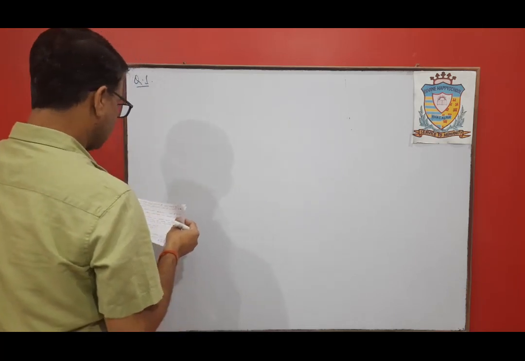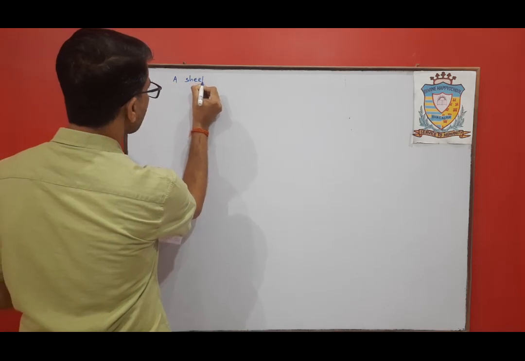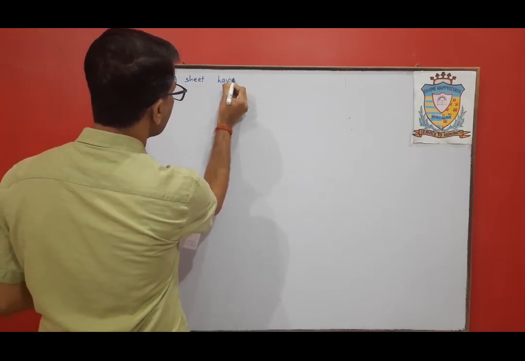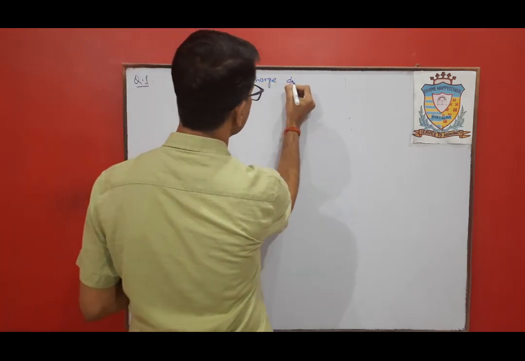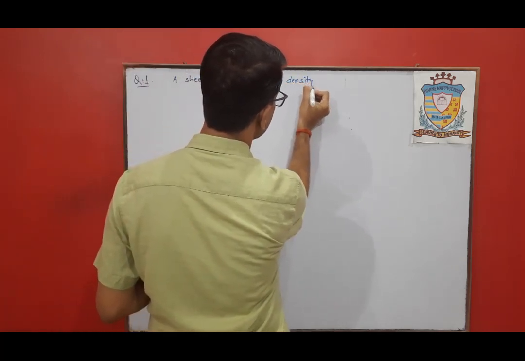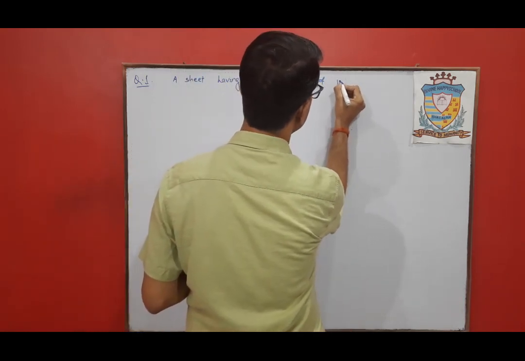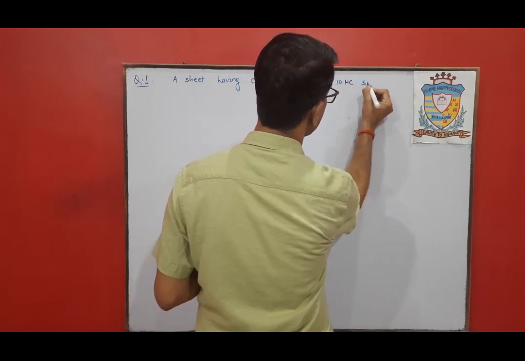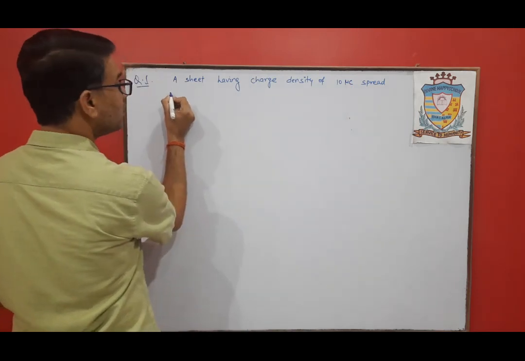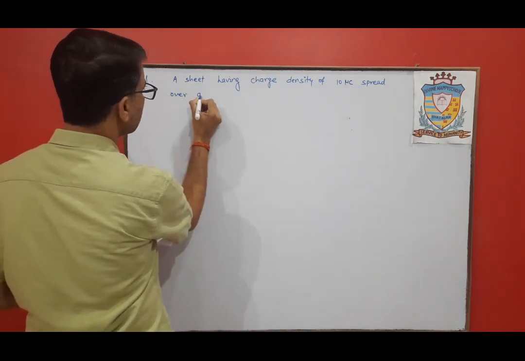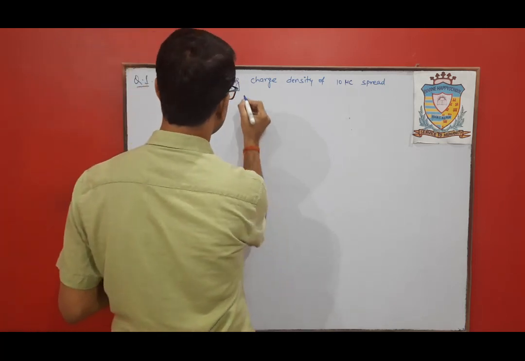A sheet having charge density of 10 microcoulomb spread over an area of 400 centimeter square.